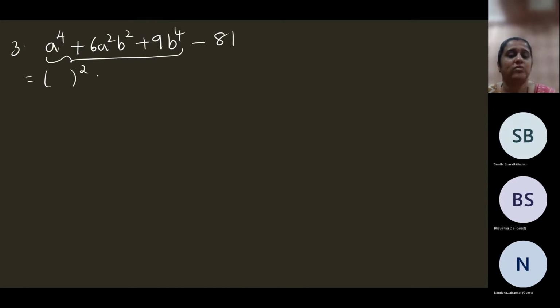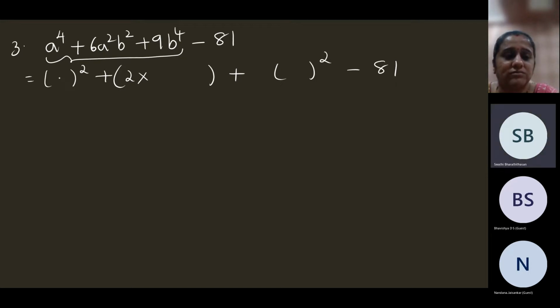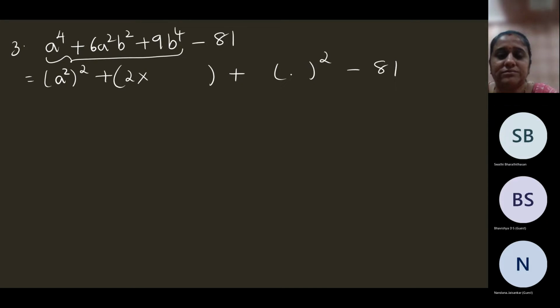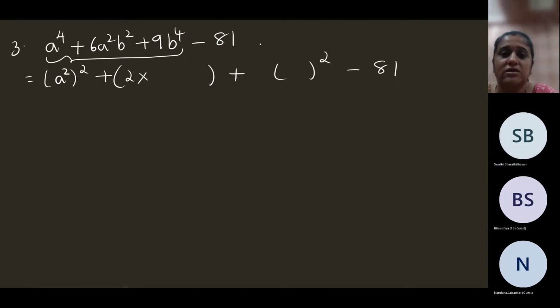They're of the form x square plus 2xy plus y square minus 81 as it is. So what is it in the first bracket here? A square. And here? 3b square. 3b square into 3b square is 9b to the power 4. So 2xy. What is x?